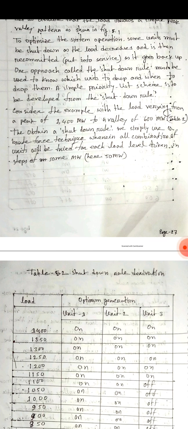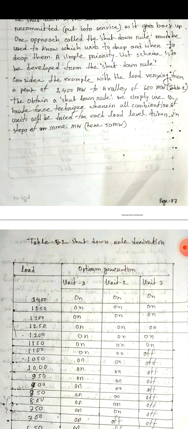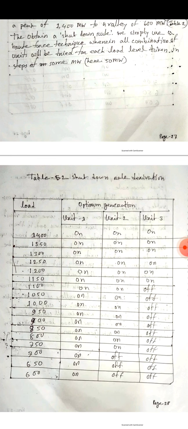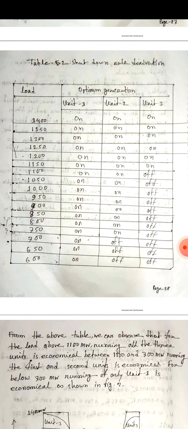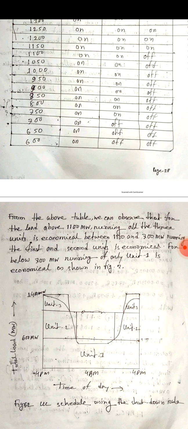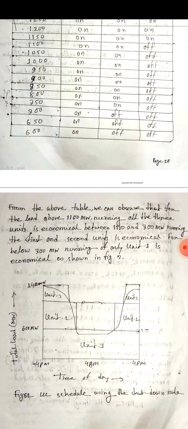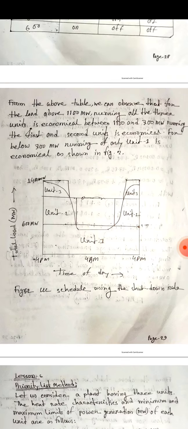Table 5.2, shutdown rule derivation: load, optimum generation, unit 1, 2, 3. This figure shows the discussion on the usage schedule using the shutdown rule.